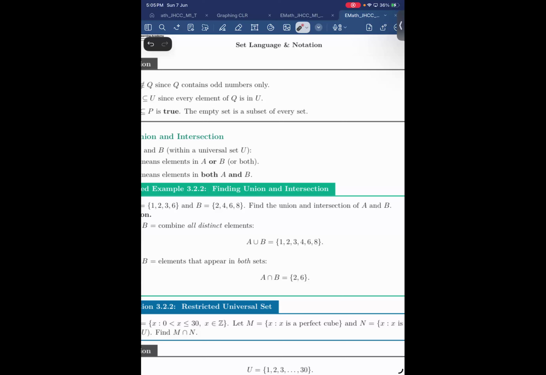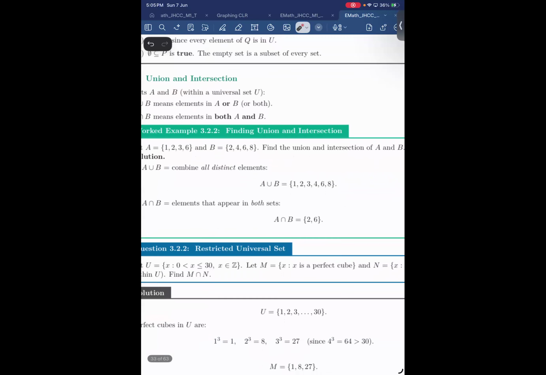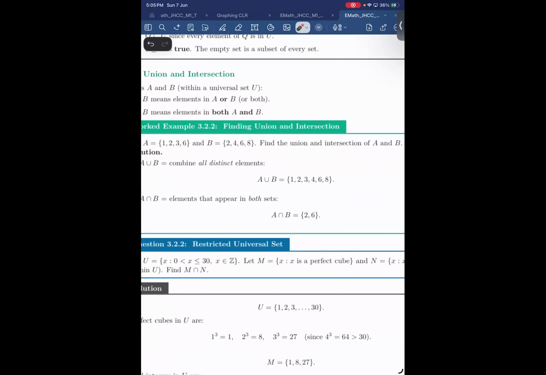What are the perfect cubes? 1, then 8, then 27. Anything after that is out of 30 already. So M equals 1, 8, 27.